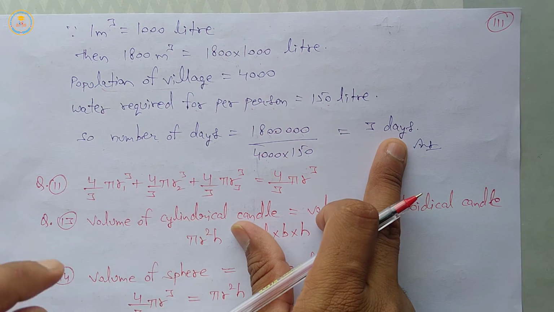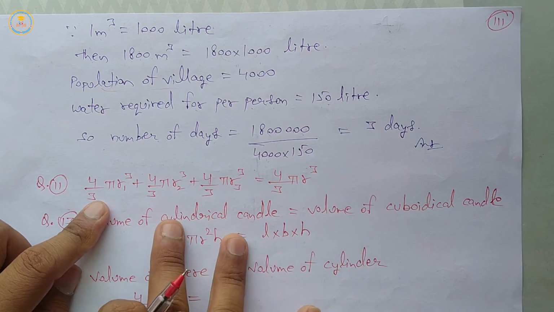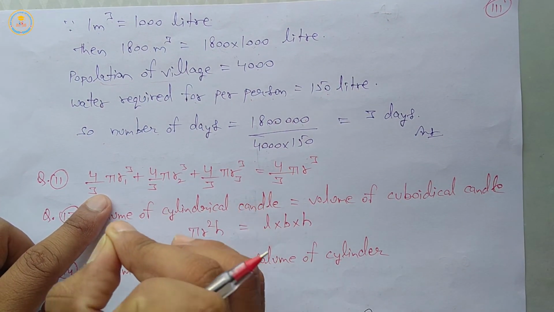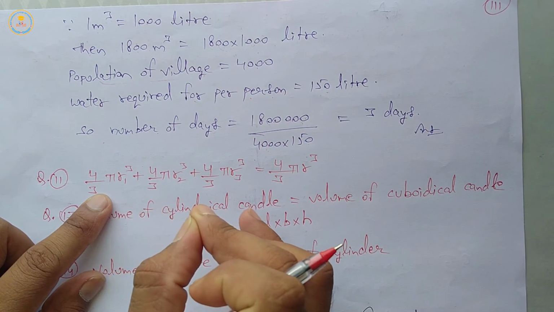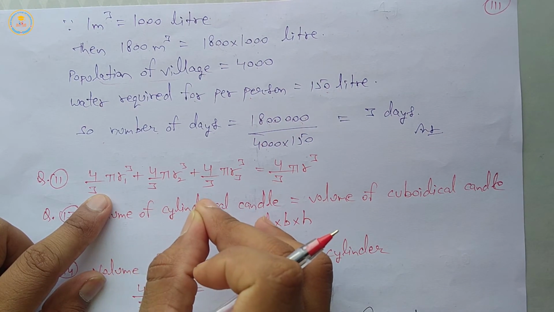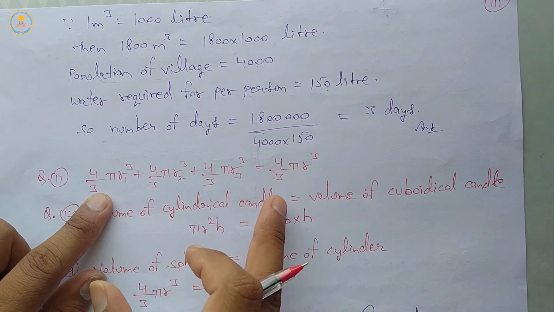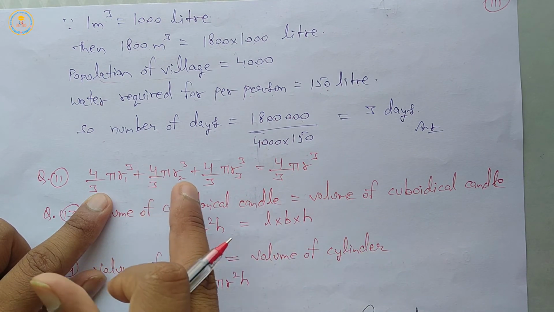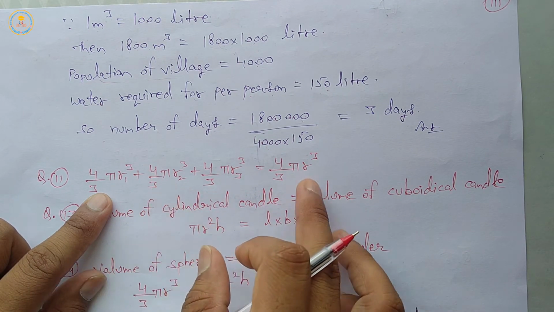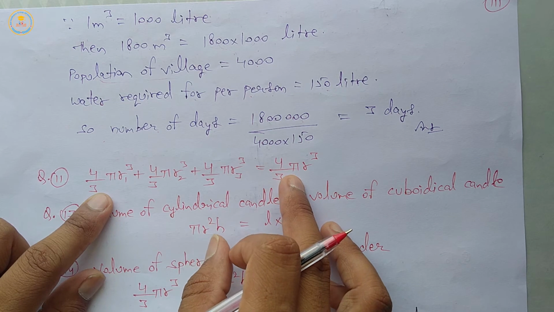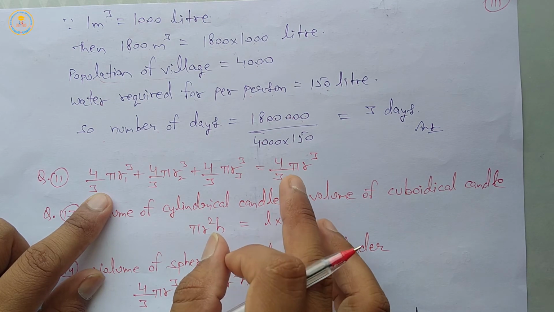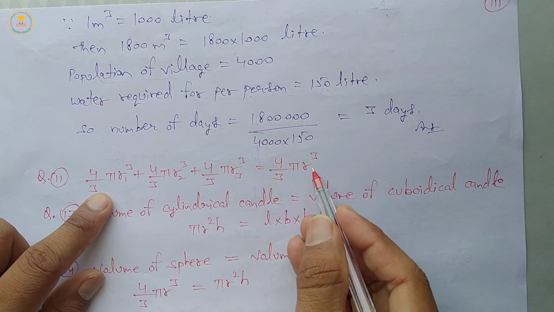Question number 11. 3 spheres are given, and we melt the 3 spheres. We convert them and make a new sphere, and find out the radius of the new sphere.